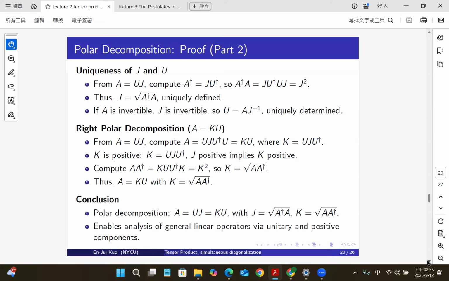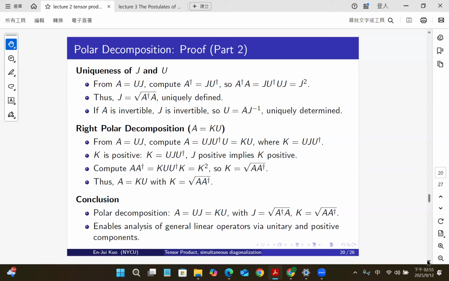So that means that A dagger A is invertible. So if A dagger A is invertible, that means that J is invertible. If J is invertible, then U is uniquely defined, because I write A in terms of UJ, but if J is invertible, then U is A J inverse, and U is uniquely defined.